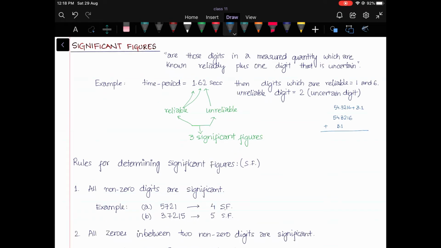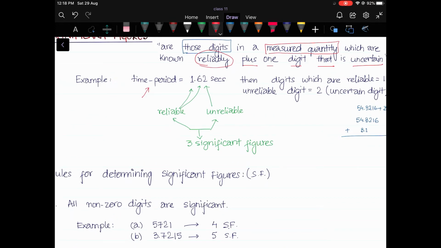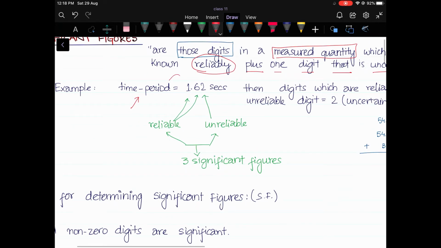Significant figures are defined as those digits in a measured quantity which are known reliably plus one digit that is uncertain. To understand this, suppose we have a measurement of time period which we write as 1.62 seconds.